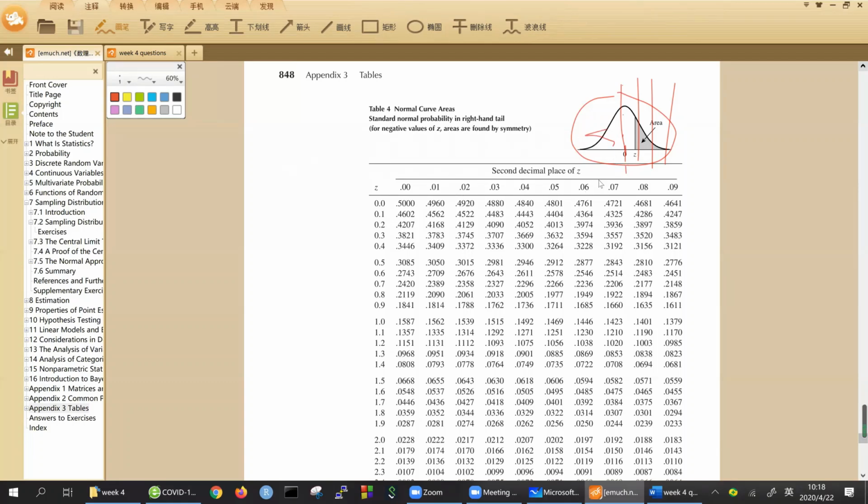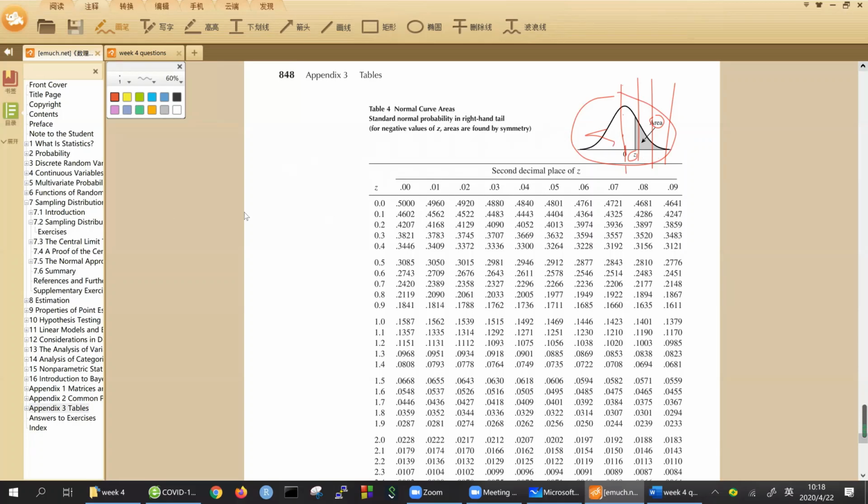The second thing I want you to realize is this little z here and this area here. This z, which is denoted by this column and this row, basically the index of the table, denotes values located on the right-hand side of the number line.